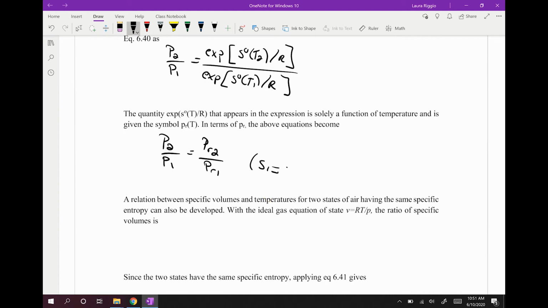This is only valid for constant entropy and air only. The P_r values are tabulated in our table for air.